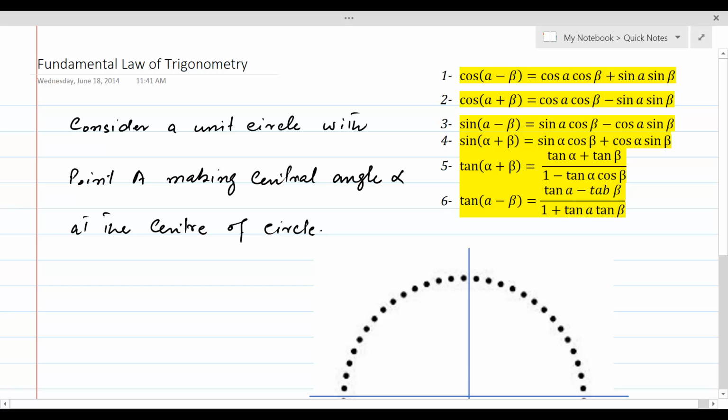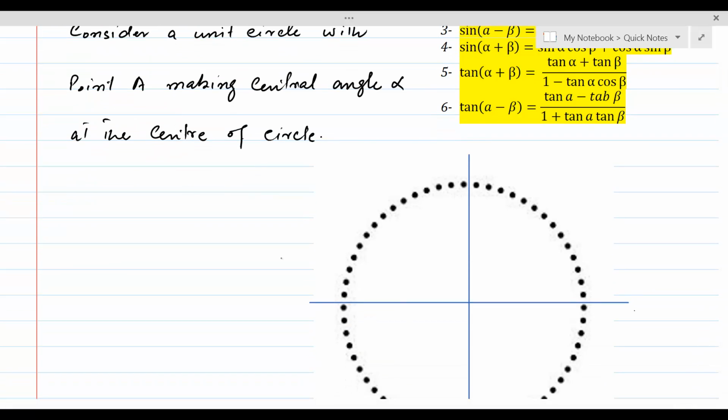So if this point A is here, if we consider that this is the point A and here is the origin, then this line OA makes this angle, which we have assumed is alpha.